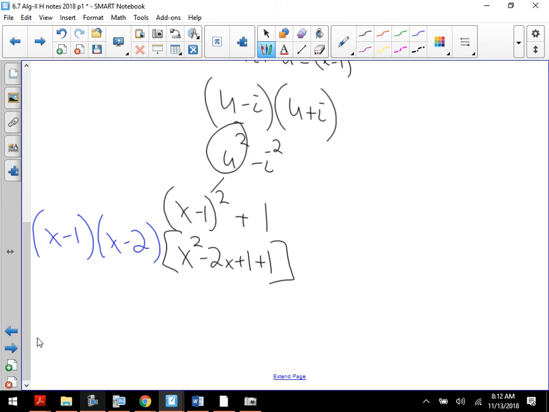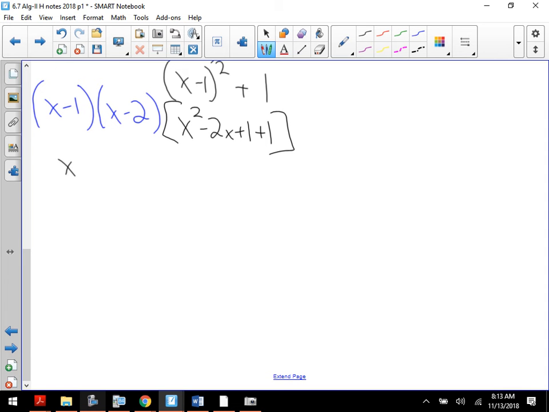I wanted to show how. So now, from here, all that junk turns into a somewhat clean-ish trinomial. You get x squared minus 2x plus 2.